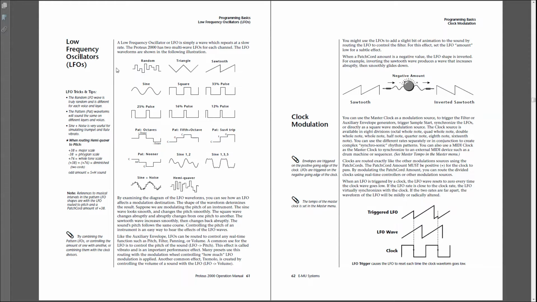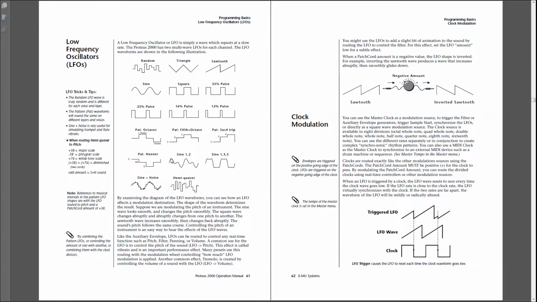Low frequency oscillators are waveforms that repeat. They say at a slow rate here, but I'm sure you can speed them up. You can on an SH101. But what struck me here is the range. That's just brilliant. You've got all of these ones to choose from.